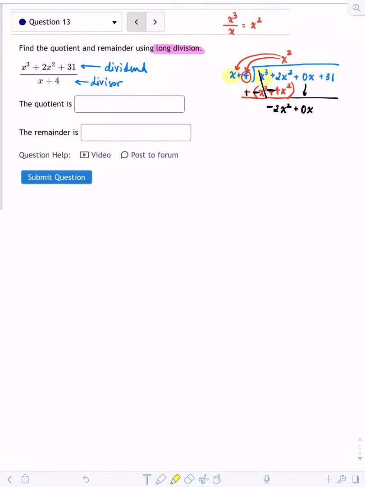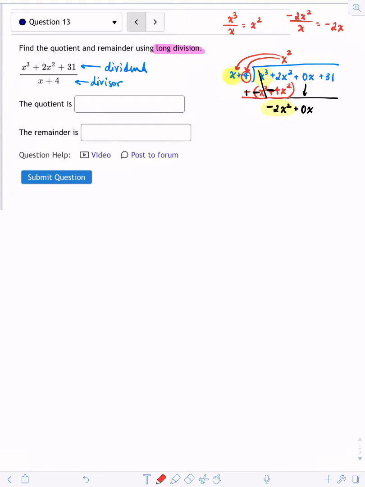And then once again, you would try to match up this term and the leading term of the divisor. And what times x would give you negative 2x squared? So if you don't see it right away, then feel free to, on the margin of your paper, say, okay, negative 2x squared divided by x gives me negative 2x.